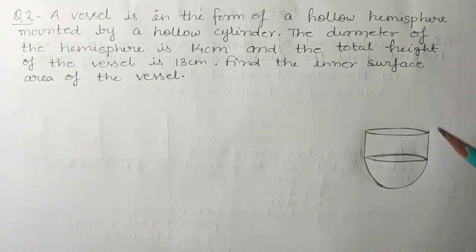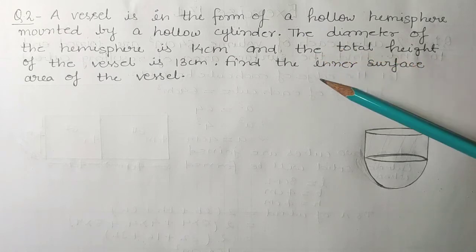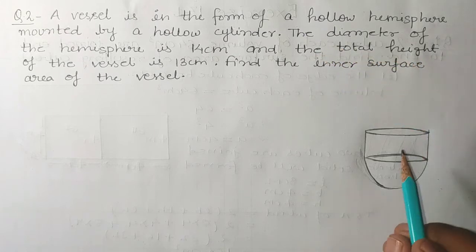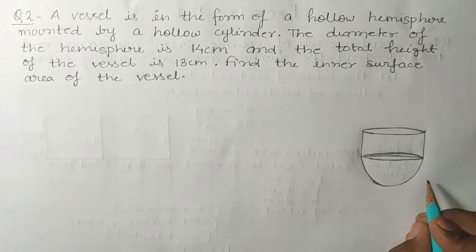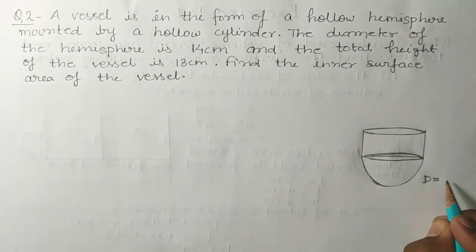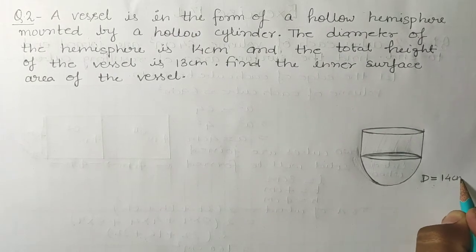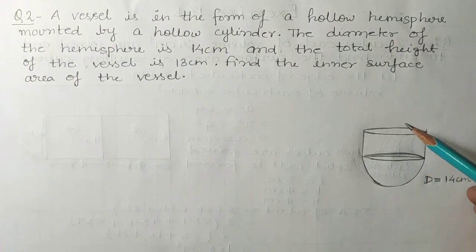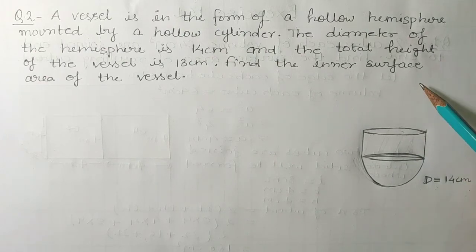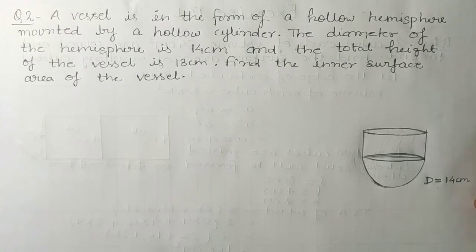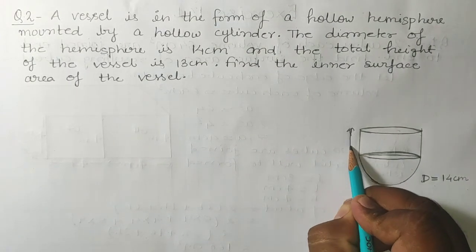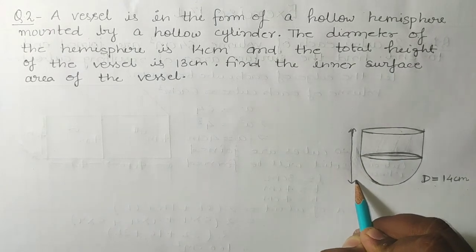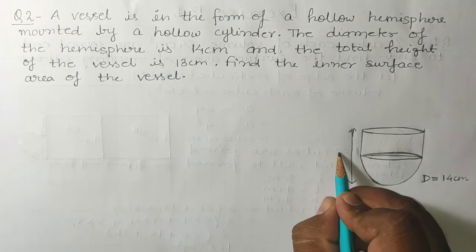The diameter of the hemisphere is 14 centimeter, so the diameter of the cylinder will also be 14 centimeter, and the total height of the vessel, from here till here, is 13 centimeter.